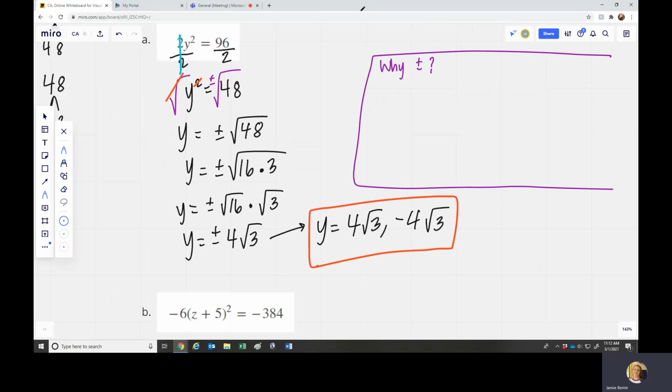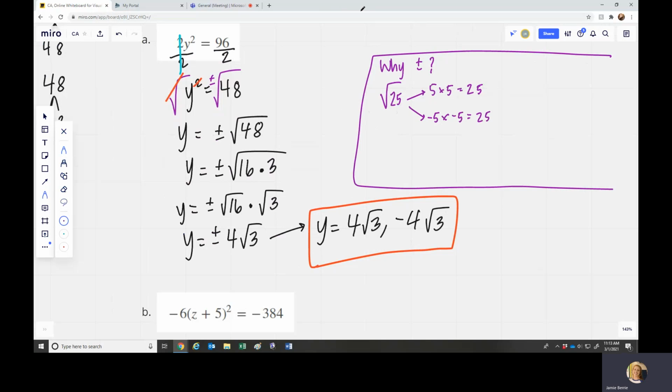So imagine we had the square root of, let's say, the square root of 25. All right, so we know that this means find the number or the numbers that you could multiply by itself to get 25. So we know that 5 times 5 would be 25, but also negative 5 times negative 5 is positive 25.